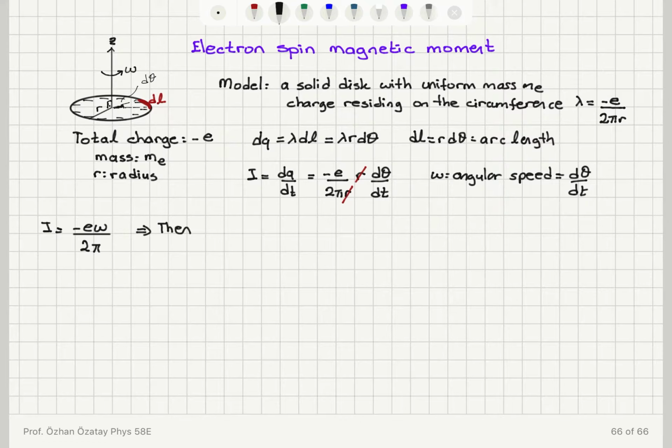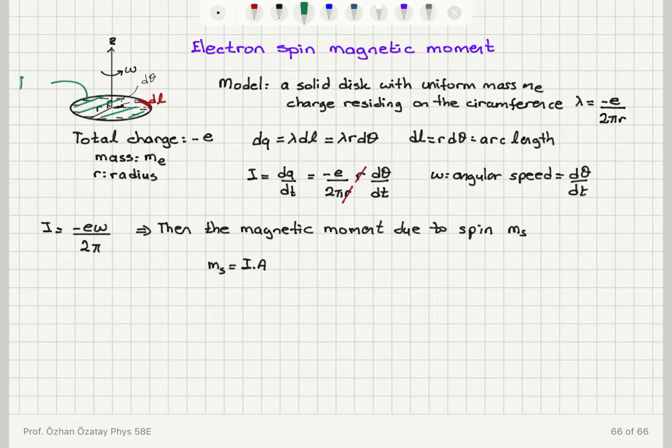Then I can calculate the magnetic moment. The magnetic moment due to spin, I'm going to call this m sub s. M sub s is equal to current times the area of the current loop. So the area of this loop is this area A, which is basically the area of the disk.